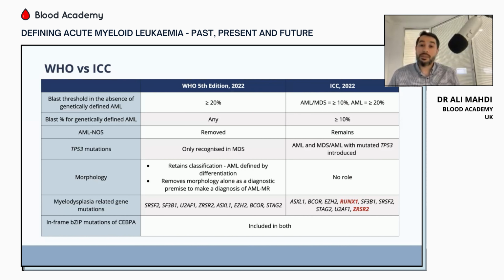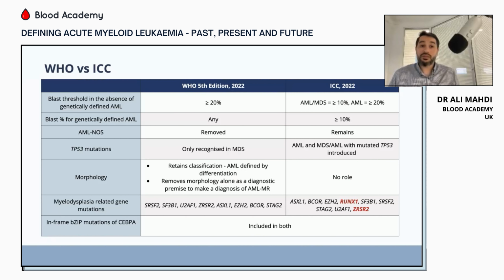And they call this AML/MDS. And their thinking was that based on the data that I've shown you, as well as other data sets, patients with this blast percentage could still be eligible for acute myeloid leukemia treatments, both within a clinical trial setting and outside the clinical trial setting as well.